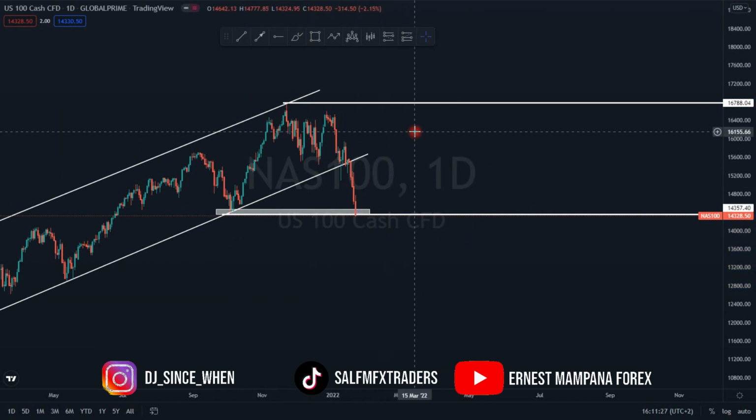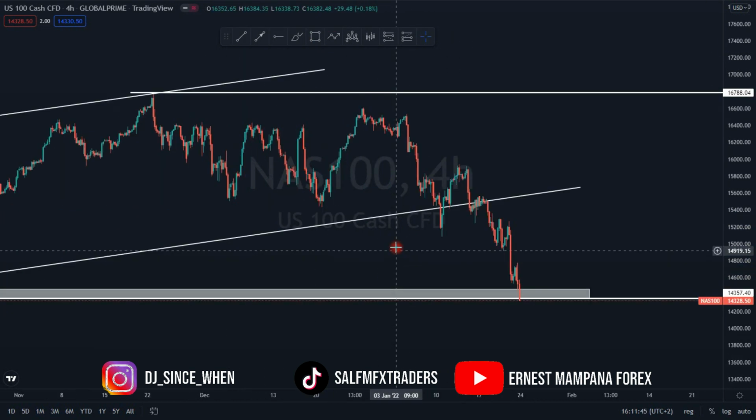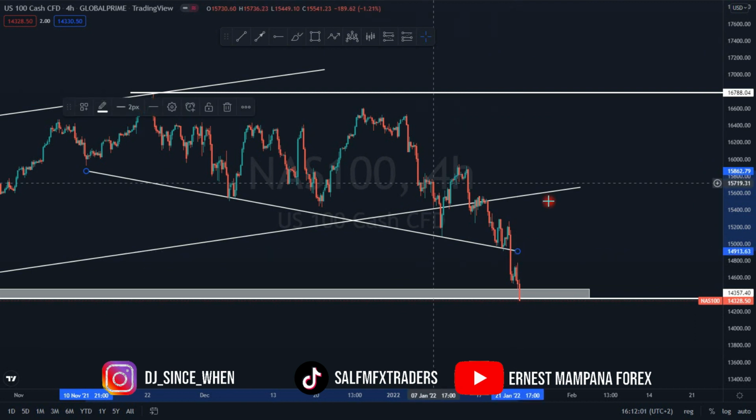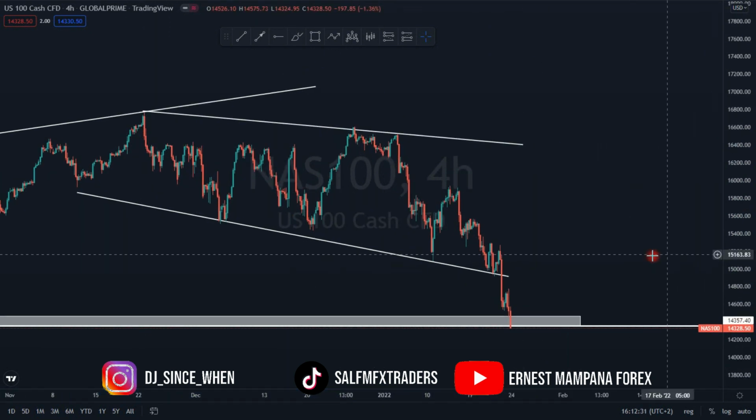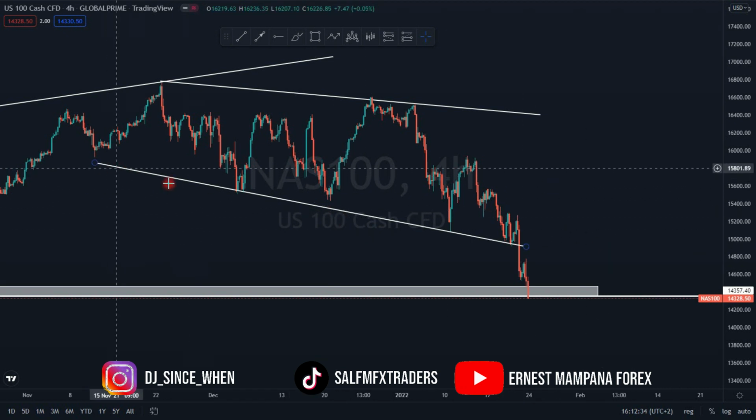So let us switch to a 4-hour time frame. On my 4-hour time frame, let me see what we can do right here. You can see right here we have this one to the downside, and currently we just broke impulsively right there.